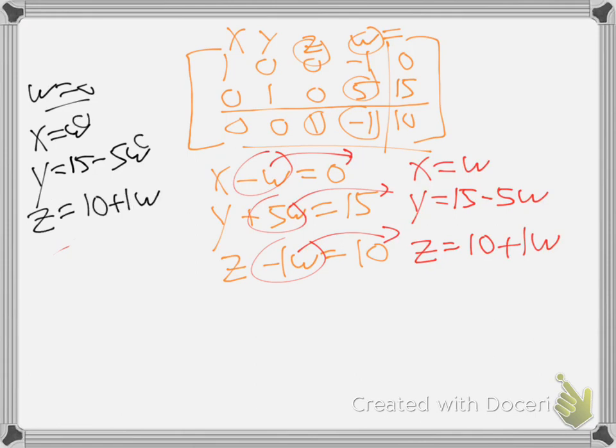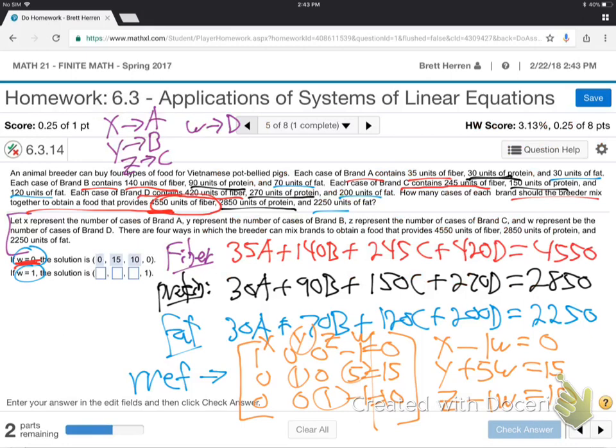If I put in 0 for W, X is just going to be 0, Y is going to be 15 because that'll drop out, and Z will just be 10. So 0, 15, and 10. That's how I got that. Let's do W equals 1.